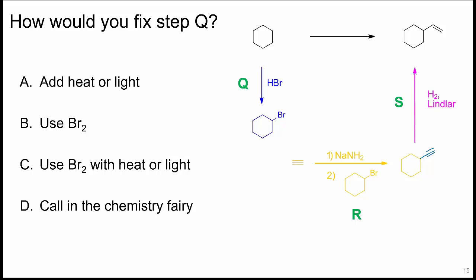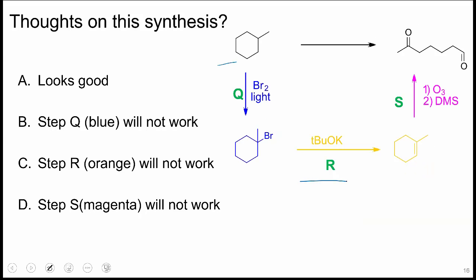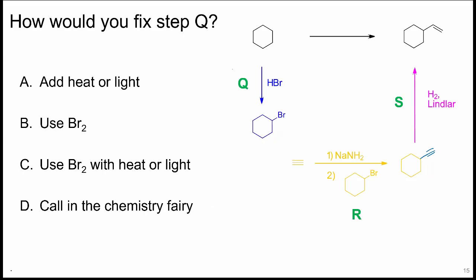All right, so most of you want to use either the addition of heat or light, use Br2, or use Br2 with heat and light. The reagent HBr we've seen used before, and you could use HBr if you had an alkene present. But the alkene is not present here, and we need to use something else.